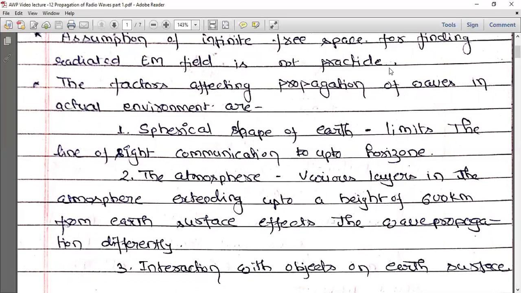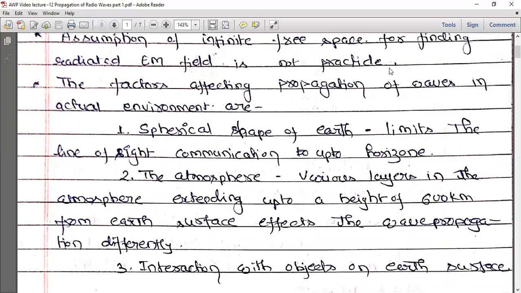So because of this spherical shape, line of sight communication will not be possible, and there will be some different mechanisms which will be used for this propagation. These are the various mechanisms provided by nature itself, which are incorporated for making communication in such a scenario.